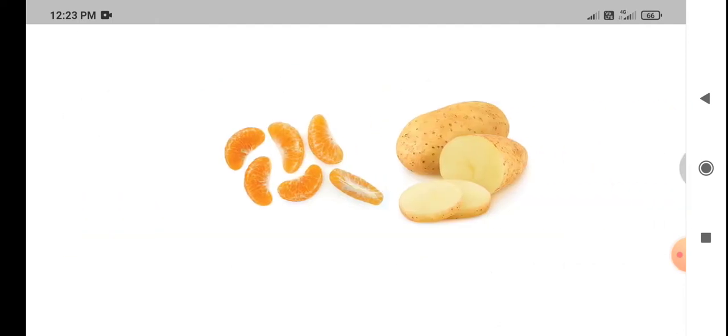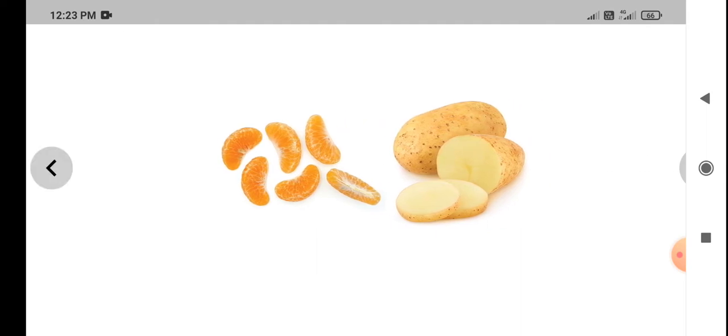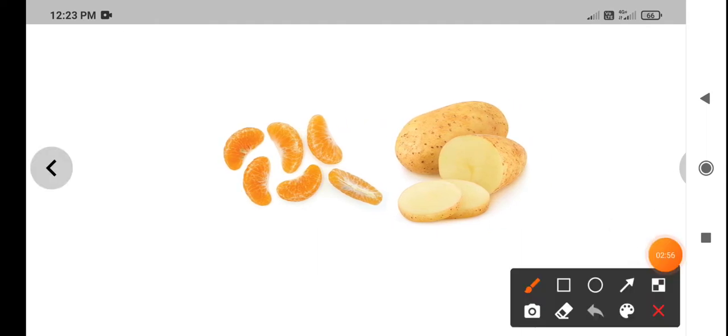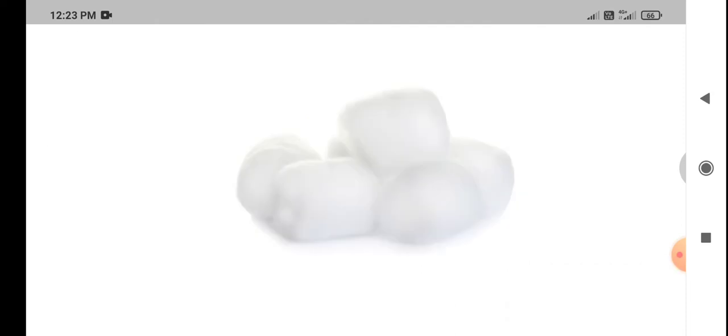And in the other picture, these are the potatoes and orange crops. So these crops are grown as horticulture crops. Just now you saw the word horticulture, growing of crops like fruits, vegetables and flowers is known as horticulture crop. And in the earlier picture you can see cash crop.